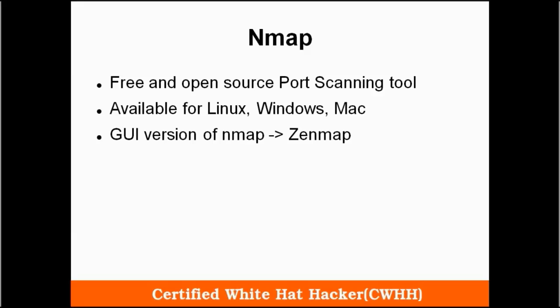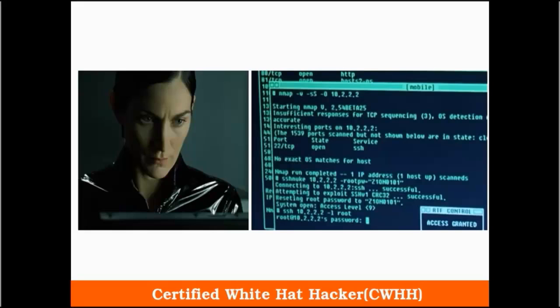So what is Nmap? Nmap is a free and open source port scanning tool. It is available for Linux, Windows and Mac, and the GUI version of Nmap is called Zenmap. Nmap has been around for a long time, and if you look at this picture, it's from the movie Matrix.